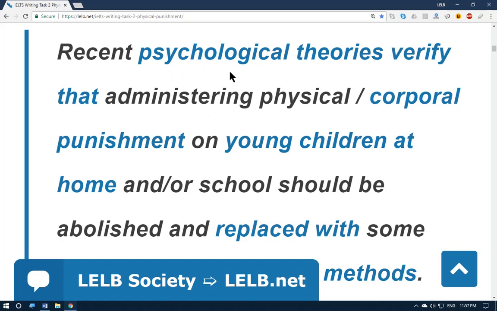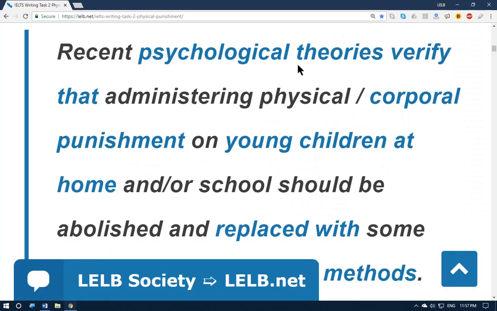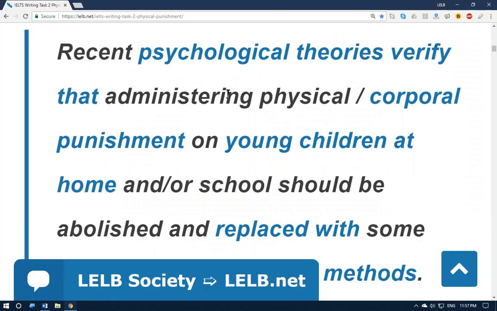Recent psychological theories verify that or confirm that. Verify that administering or implementing. For administer, you could say implement. Physical or corporal.